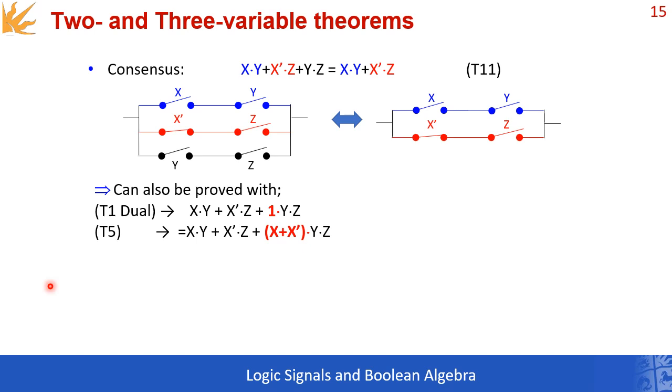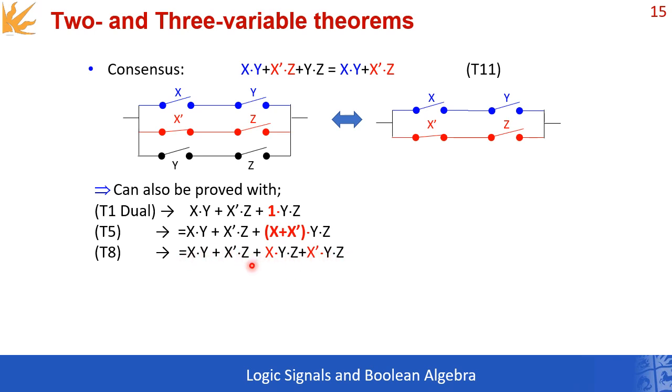That would always give you 1 as a result. This is also straightforward. And now we're going to use distributivity. So by using distributivity, the result then on the next line is what you see over here.